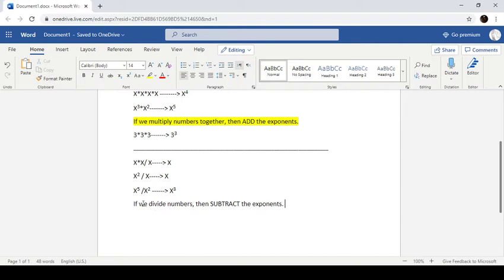So these are opposites, like I said before. If we multiply numbers together, we add their exponents. If we divide numbers, then we subtract their exponents. Okay?